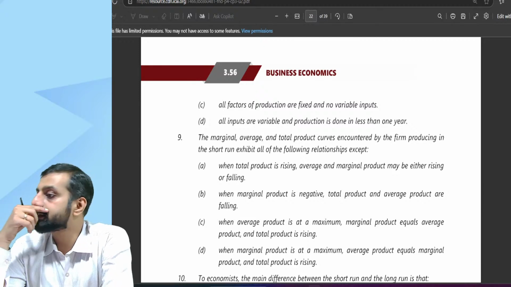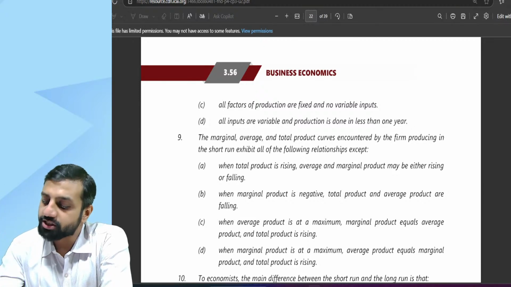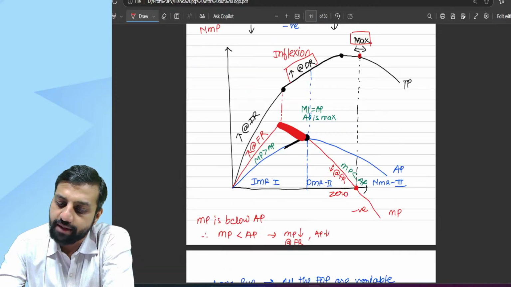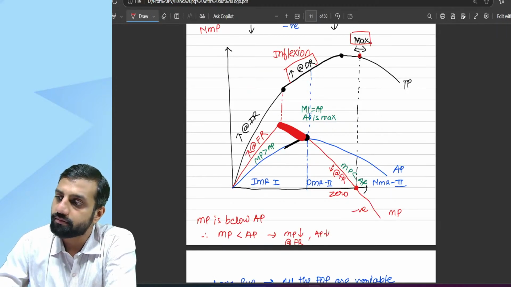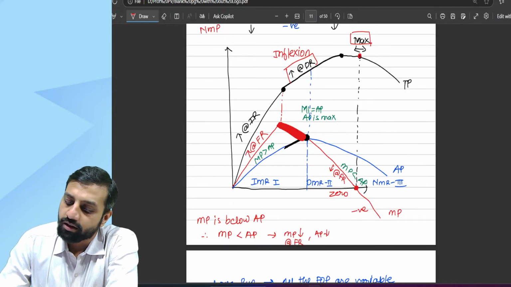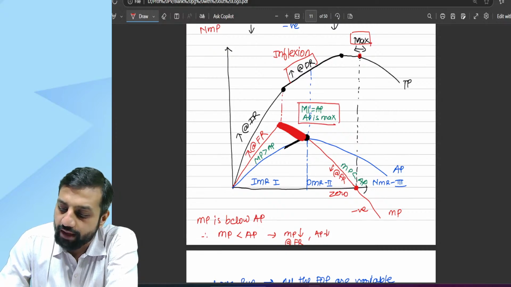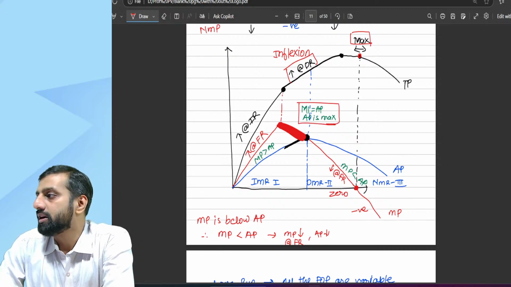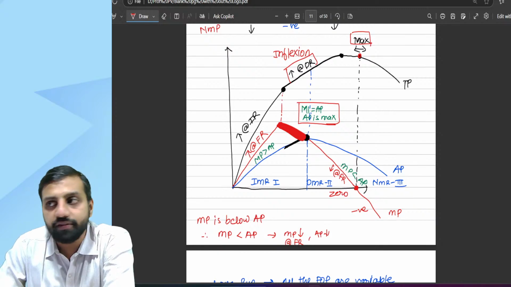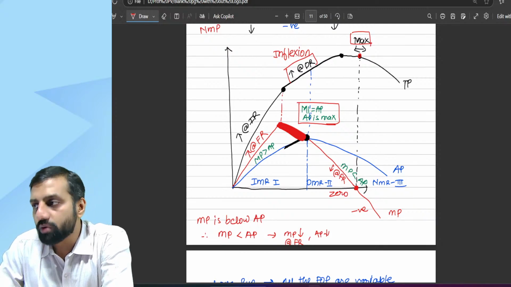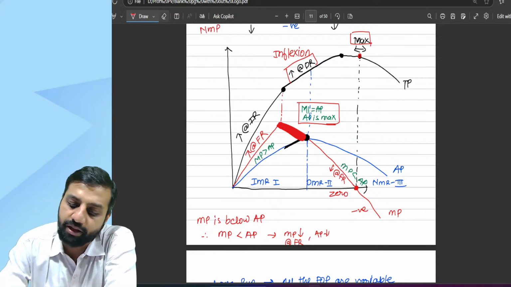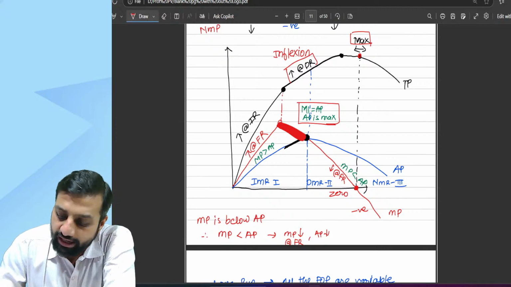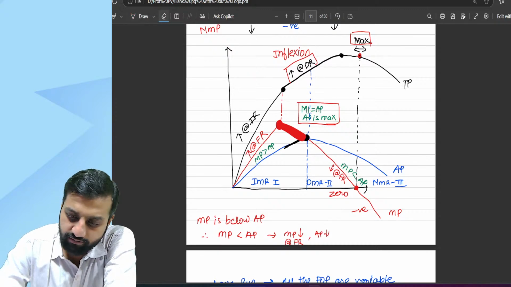The answer is D. When marginal product is maximum, is MP equal to AP? AP is maximum when MP is equal to AP. But in the question they have given that when MP is equal to AP, MP is maximum. Now that is wrong, because MP is maximum over here.